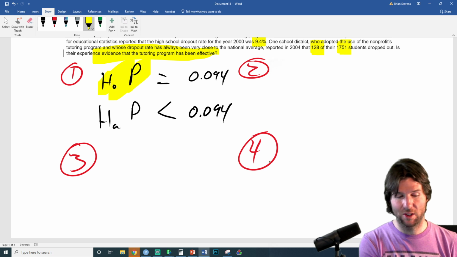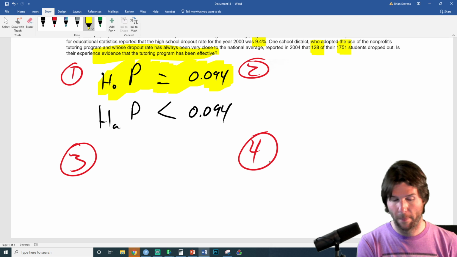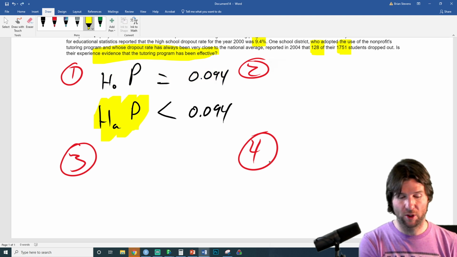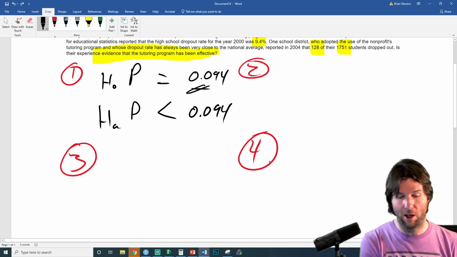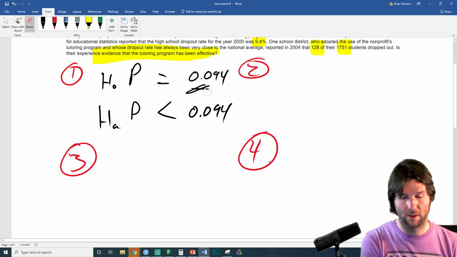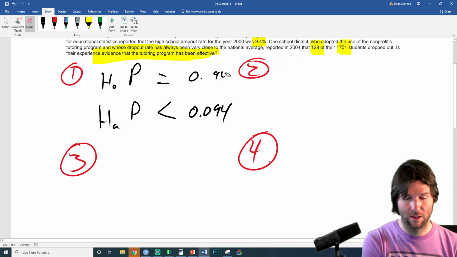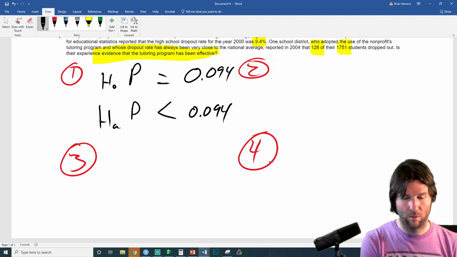The null hypothesis states that the true proportion of people who are dropping out is equal to 0.094. The alternative states that the true proportion of people dropping out is less than 0.094. So they're trying to show evidence that the true proportion is lower than what it was. They're trying to show evidence that the true proportion has decreased. We'll just write that again. So that is what we got going on right here.